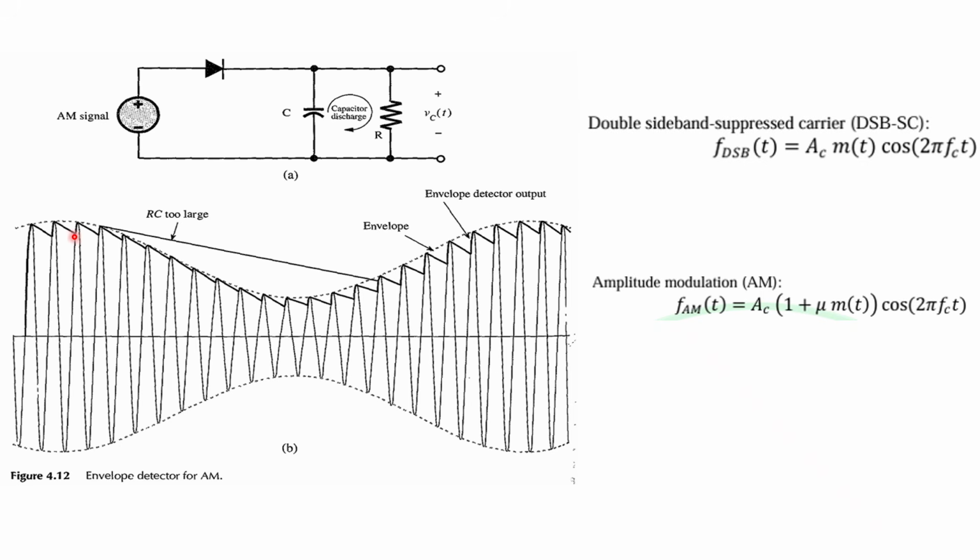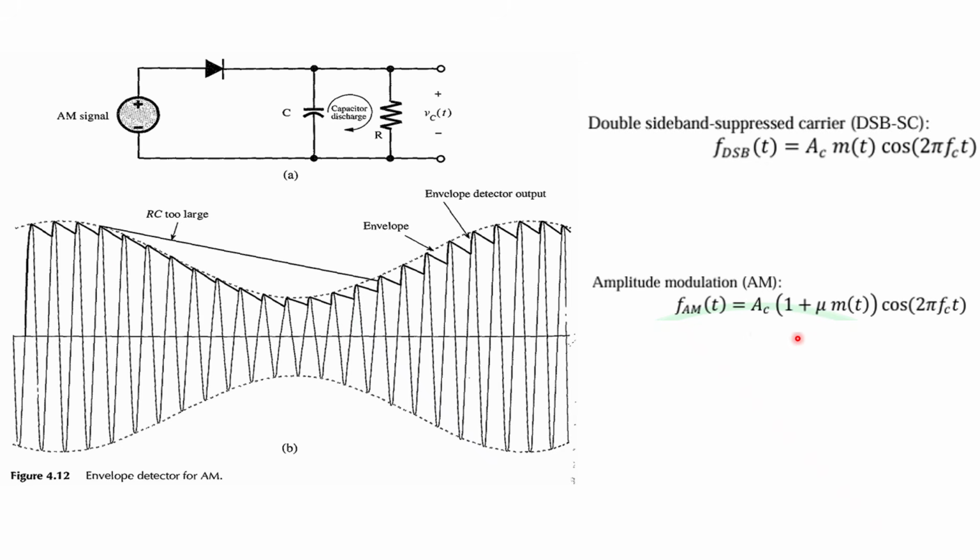If the recovered signal m(t) is less than 0, then how is it possible to recover? If m(t) is greater than 0, then definitely we can detect, but if it is less than 0, it's not possible to detect. That is why option 1 is correct.